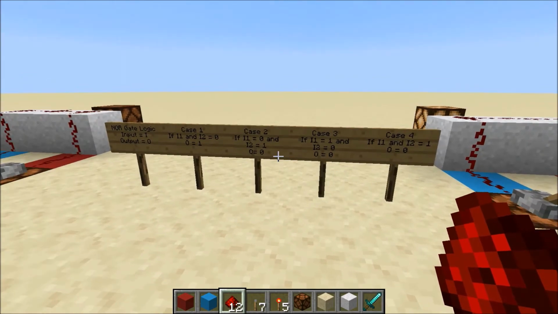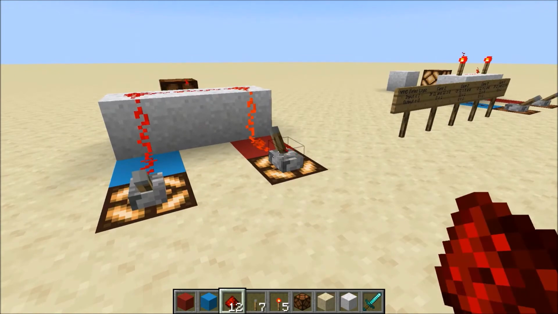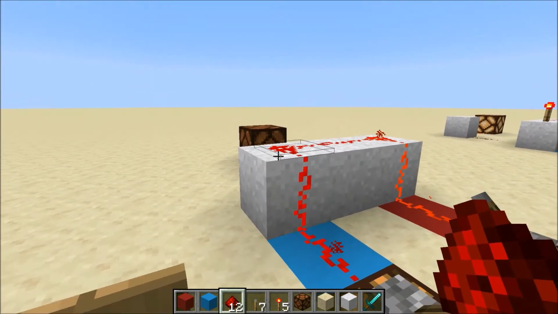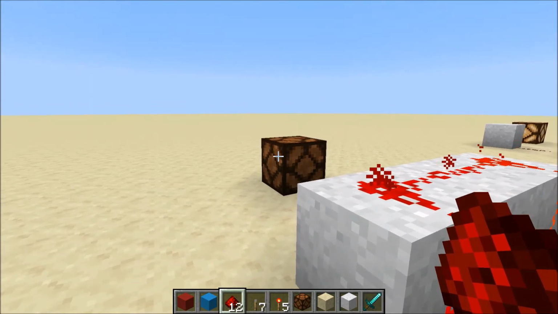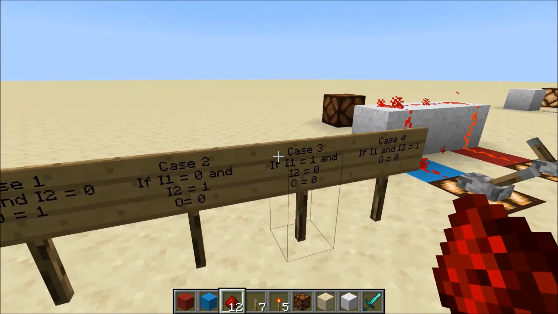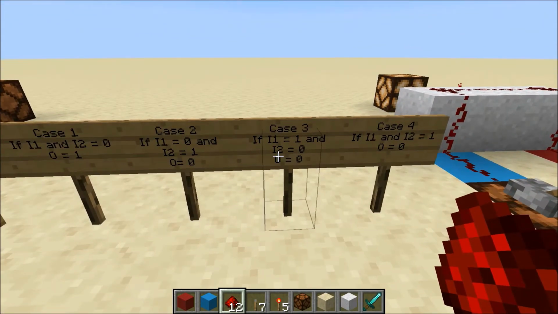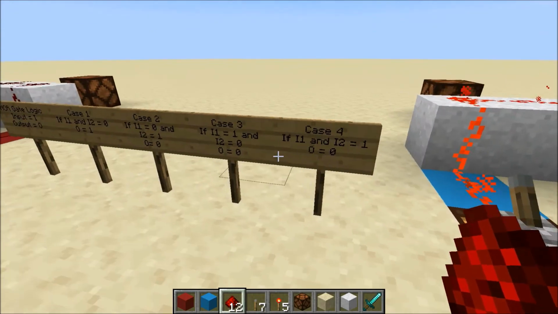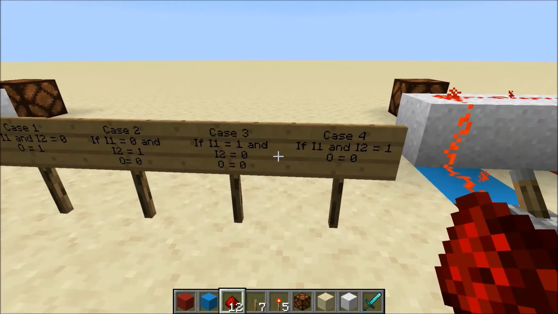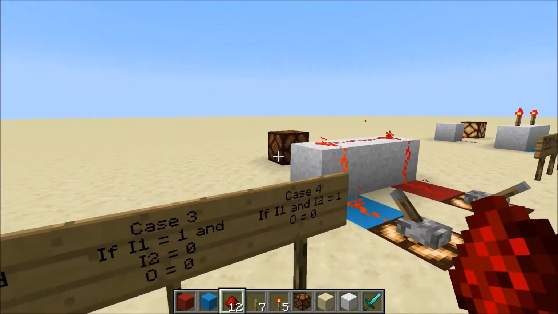Turn this on, and yep, it will be off, which means the output is 0. Turn it back off. And moving to the third case, if input 1 equals 1 and input 2 equals 0, the output will still be 0, which means the light is off.